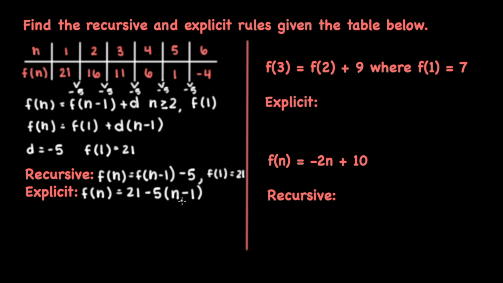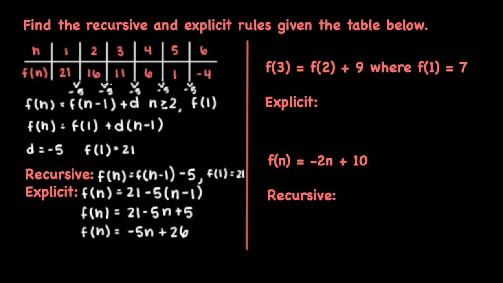And oftentimes you might be asked to simplify explicit rules, so that leaves us with 21 minus 5n plus 5. And simplifying that down even further, we get negative 5n plus 26. That is going to be our recursive and explicit rules for this table.